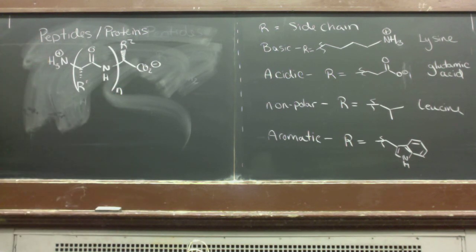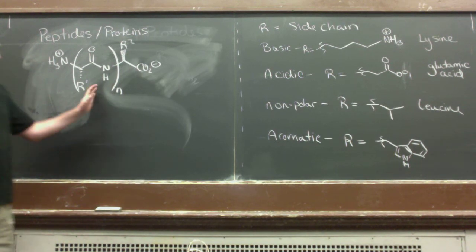So there'll be a series of amide bonds. So you have a carboxylic acid on one side, you have an amide on the other. We'll talk about how we can actually do this. Certainly the body does it in a different way than you do it in the lab. But as we talk about synthesizing peptides, what you're effectively doing in this chemistry is just making a series of amide bonds between carboxylic acids and amines.